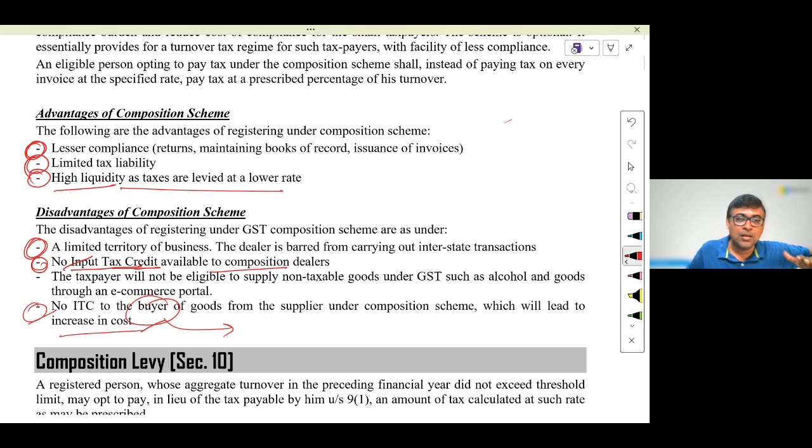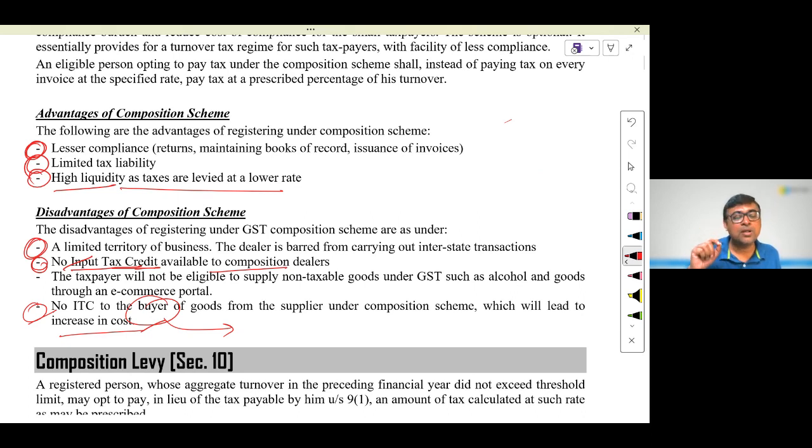So you are supposed to understand that there are certain advantages and there are certain disadvantages. You may lose some benefits of the GST. Most important, you are not eligible for doing business interstate. You are not eligible for ITC.